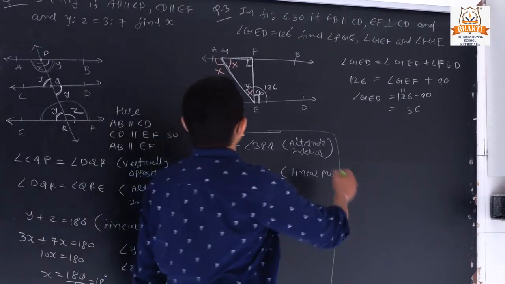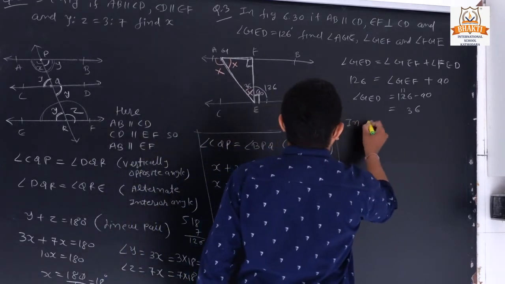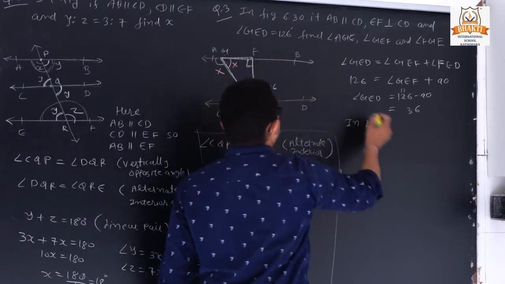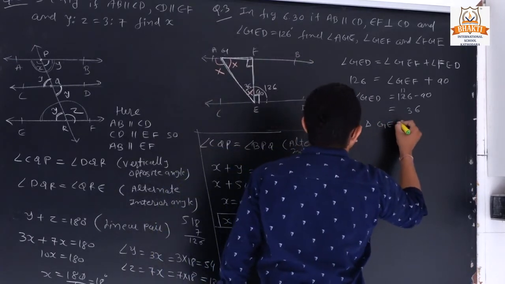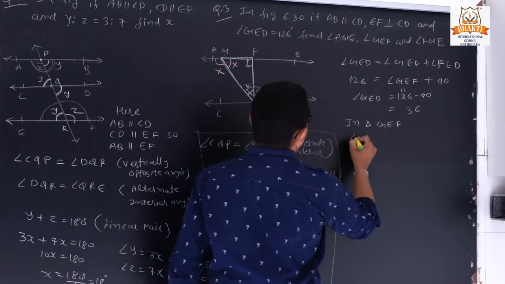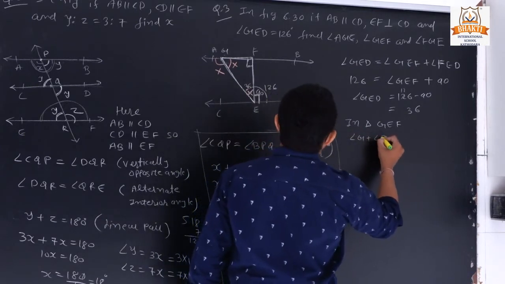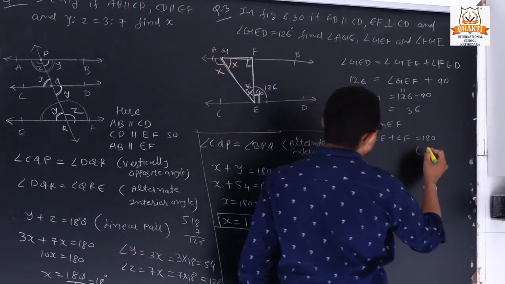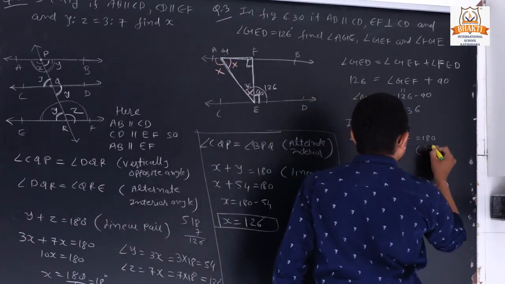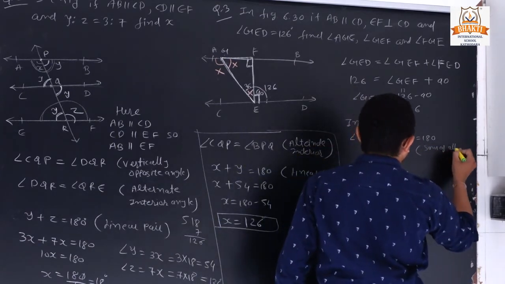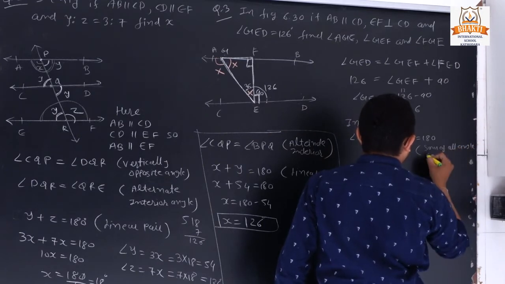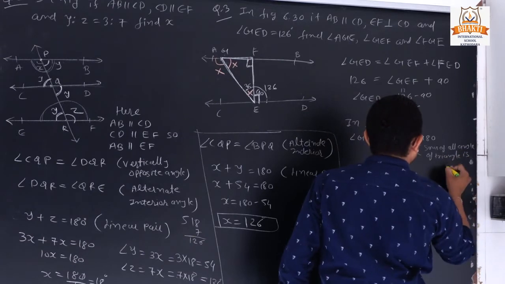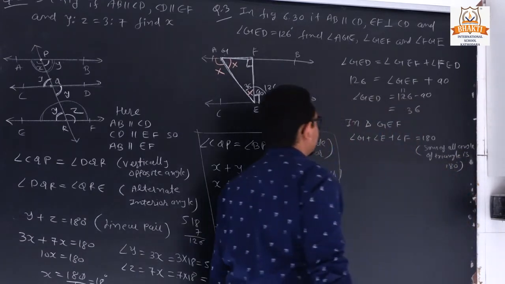First of all, I am writing in triangle GEF, angle G plus angle E plus angle F is equal to 180. Here we are using the sum of all angles of a triangle is 180.